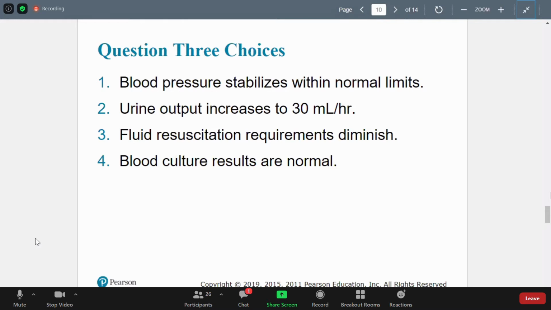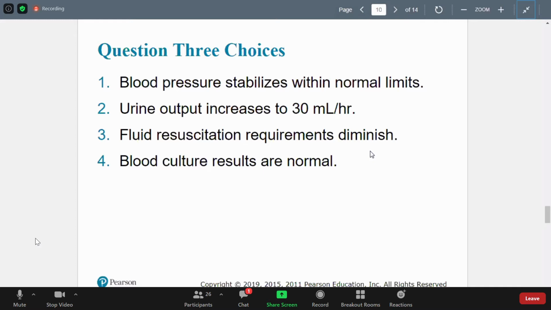Well, we had discussion about that because the question asked what assessment finding, and to assess that they need less fluid, you would be looking at their blood pressure stabilizing as well as their output increasing. But with sepsis, blood pressure is a more important finding than urine output. So our group discussed this and thought that the fluid resuscitation is an outcome, not an assessment.